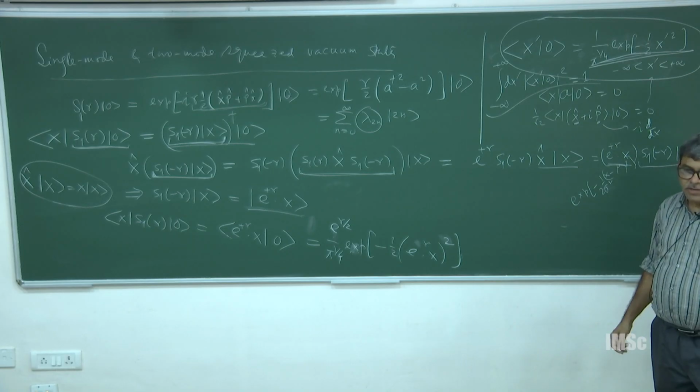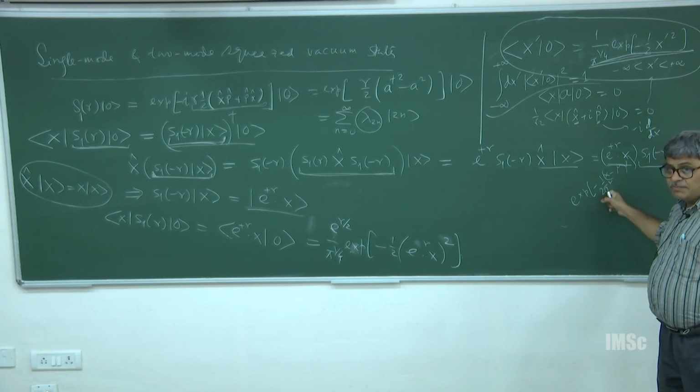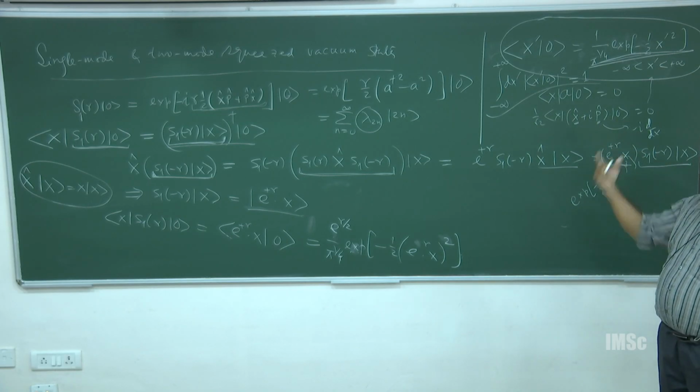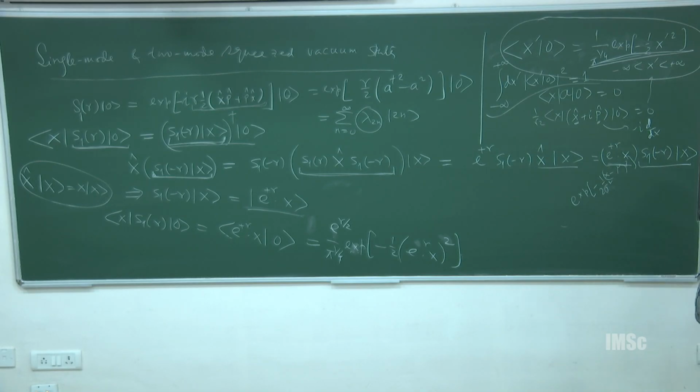Sigma is the width, the standard deviation. R is fixed, but my point is, if you increase R, what happens to the width? Nothing else will change.